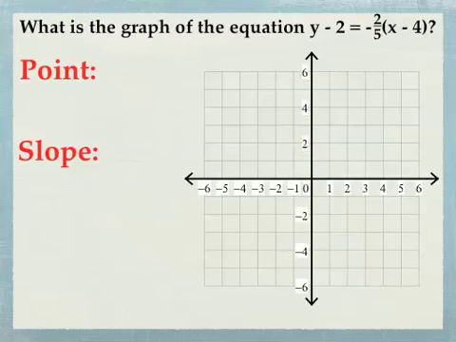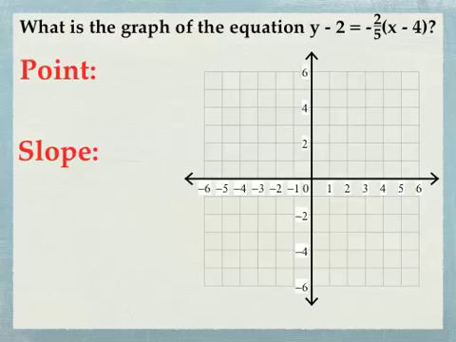The next example says, what is the graph of the equation y minus 2 equals -2/5 in parentheses x minus 4? Just like in the last example, when we're given an equation in point-slope form, I need to go ahead and plot the point, and then from that point, I'm going to count the slope.